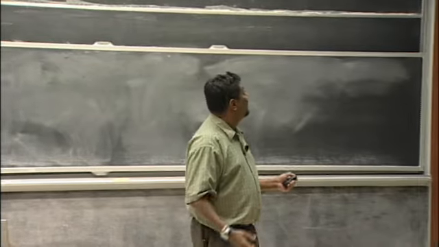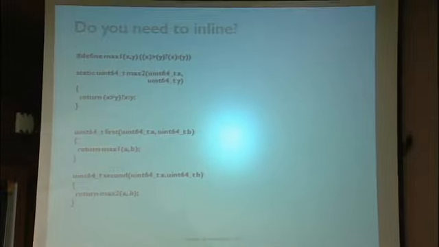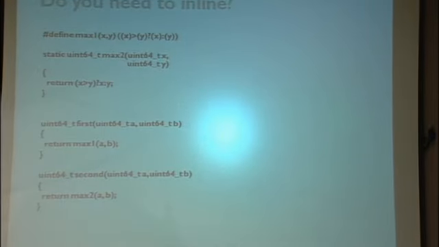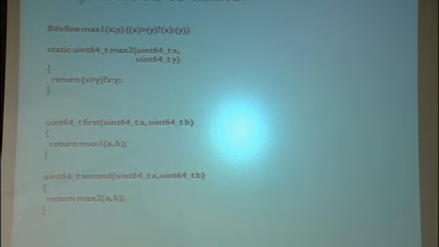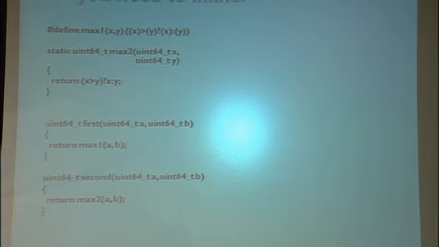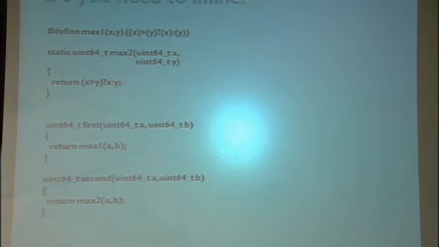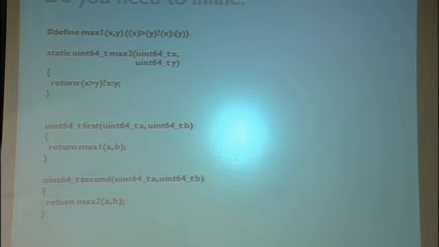Well, the second function calls the first function, and the third one calls the second. Since the first one calls max1, which is a macro, the compiler would just copy and paste that there.